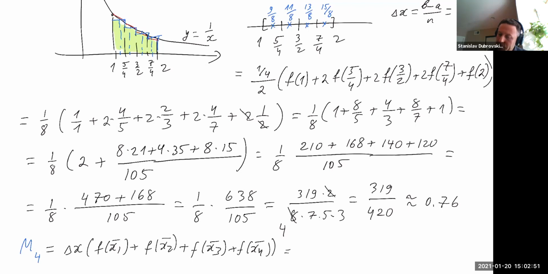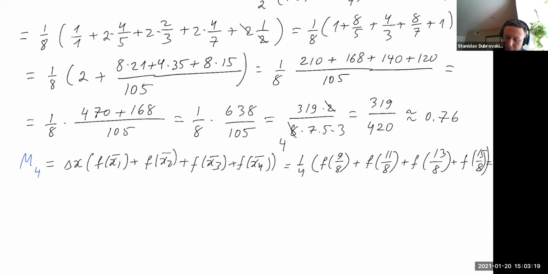So delta x we already figured out was 1/4. That's what we'll put in, times: we want to find f of 9 eighths, which means we'll take the reciprocal in the next step, f of 11 eighths, f of 13 eighths, and f of 15 eighths.